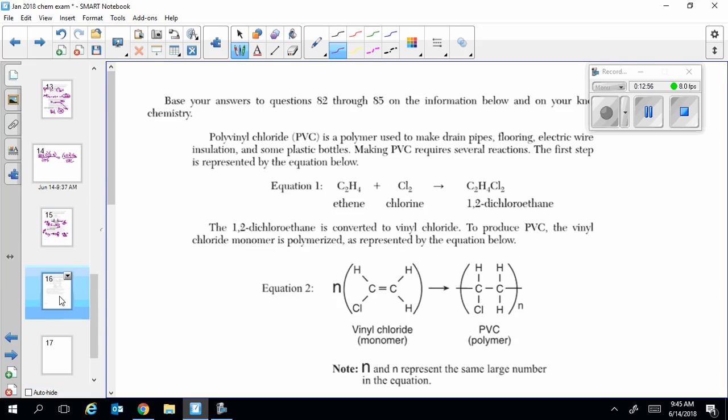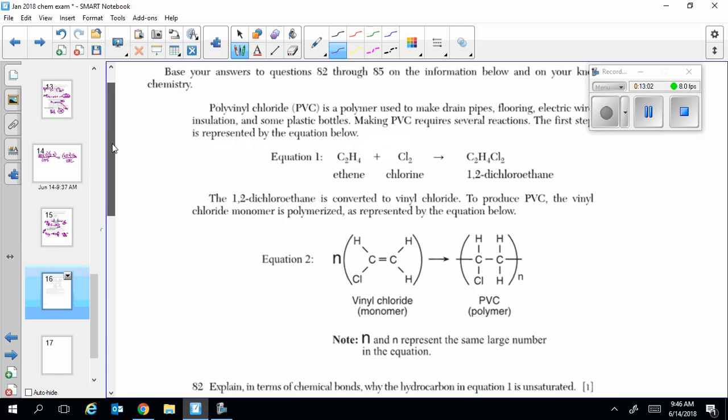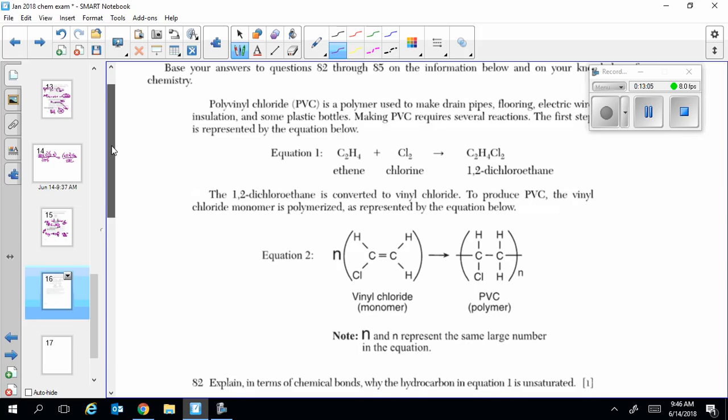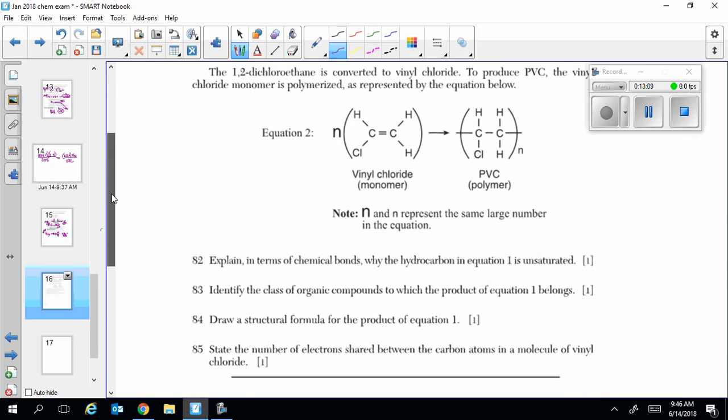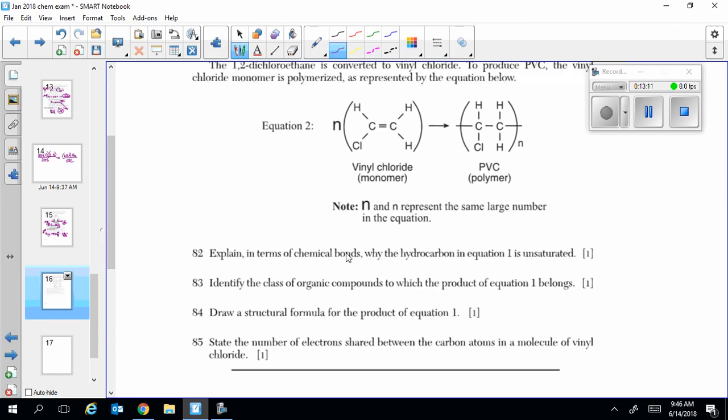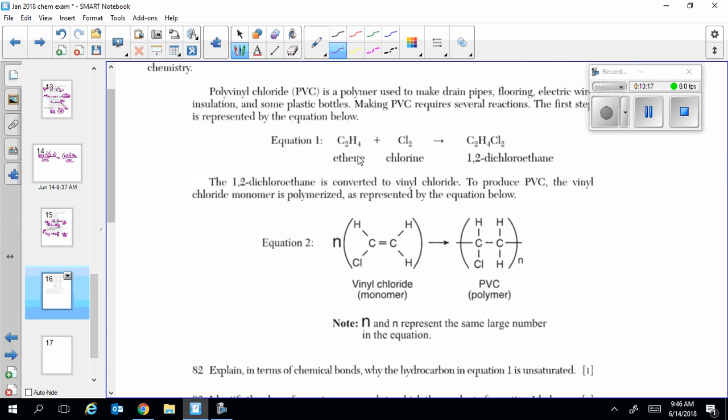All right, polyvinyl chloride, PVC, is a polymer used to make drain pipes, flooring, electrical wire insulation, and some plastic bottles. Making PVC requires several reactions. The first reaction is there. And then I'm going to go down to the question. So explain in terms of chemical bonds why reaction 1 is unsaturated. So the hydrocarbon in number 1, this is an ethene.